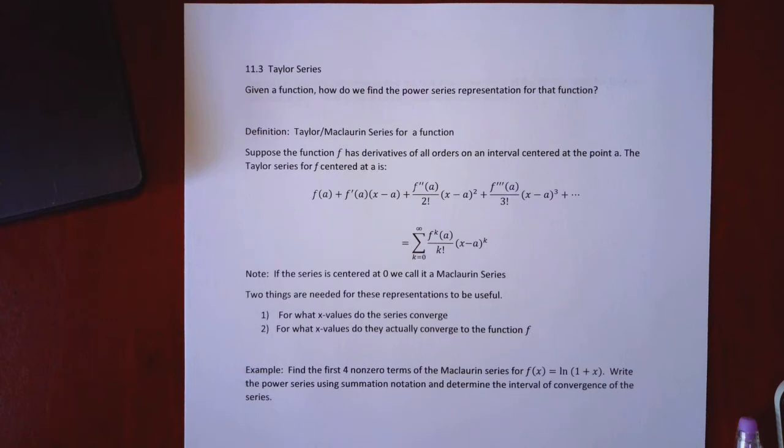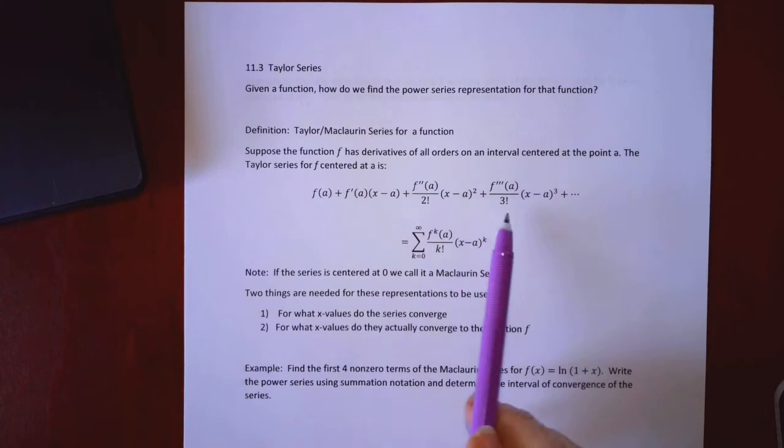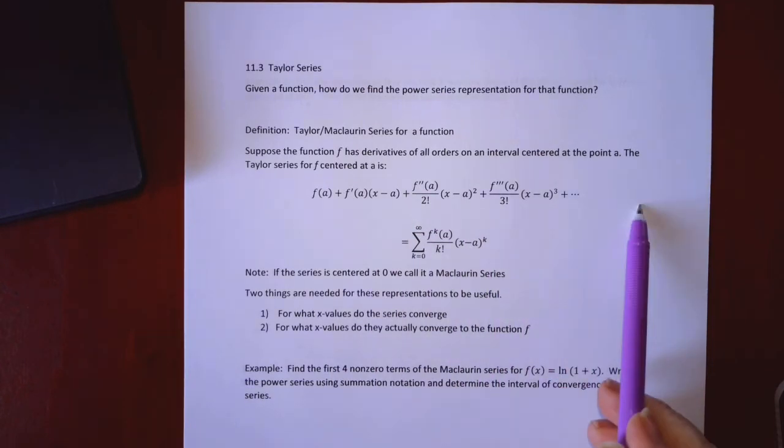So like if we're centering it at 0, we can go a little bit to the right and a little bit to the left at least, and still have an infinitely differentiable function. Then we say the Taylor series for that function is centered at a. It's just the Taylor polynomial infinitely long.